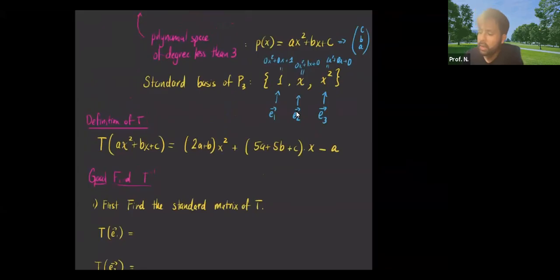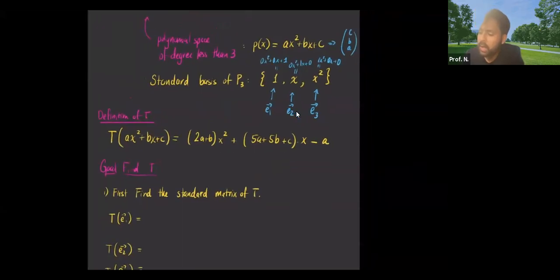And so given this connection between ax squared plus bx plus c and the entries of the vector, I can write each of these polynomials individually as e1, e2, and e3.